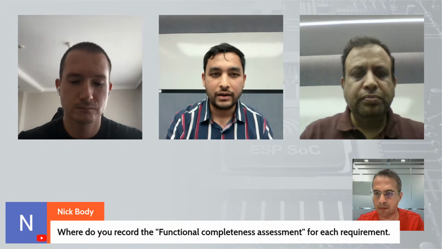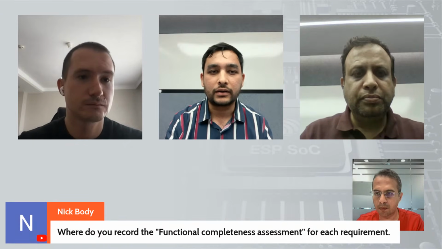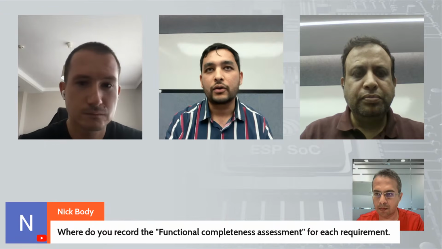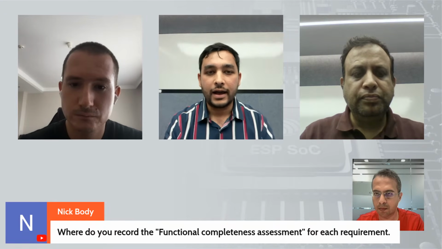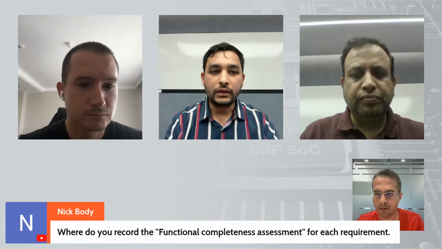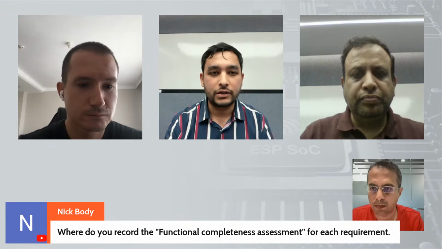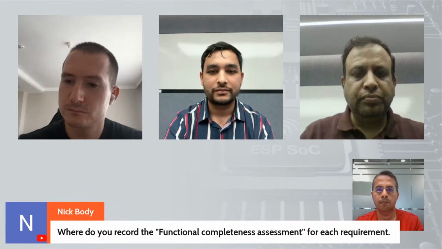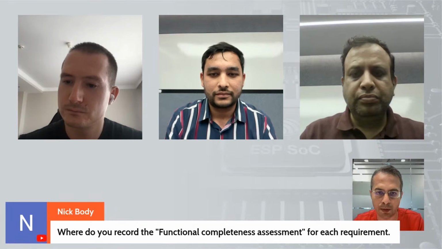In that you can record the evidence. The evidence is not mandatory as per the directive. You can just state that you satisfy the criteria, but you can add the evidence if you want to. Okay, thank you.